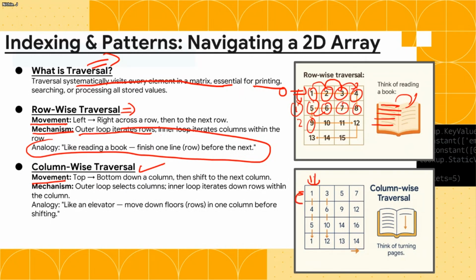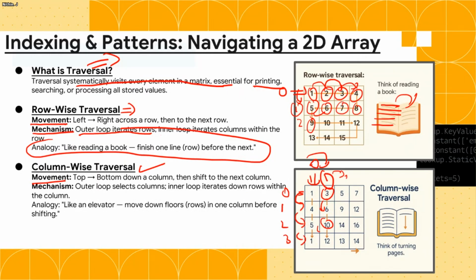So in column 0, I will move from row 0 to row 1, then row 2, then row 3, in this order. Then as I reach the bottom of the column, I will move to the next column, that is column 1. And in the same fashion, I will go from 2 to 6 to 10 to 14, accessing all the elements present in that column from top to bottom.